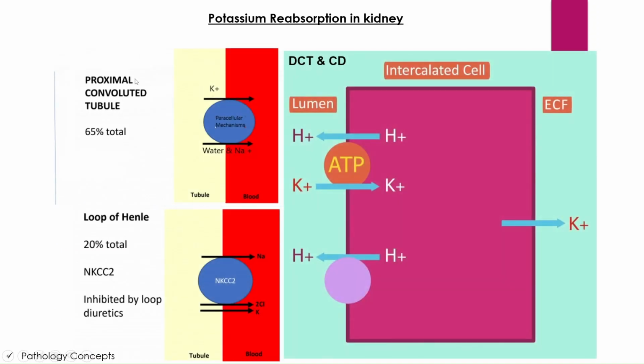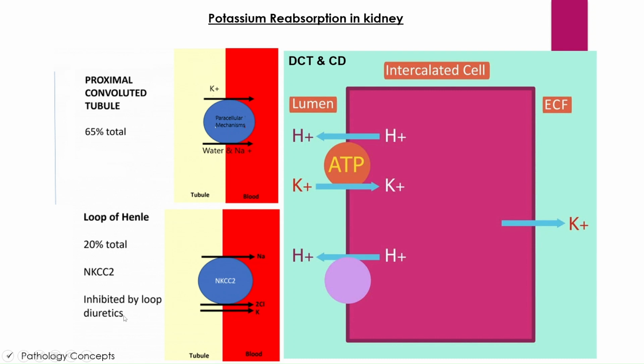In the proximal convoluted tubule, by a paracellular mechanism, 65% of the total filtered potassium is reabsorbed. In the loop of Henle, through the sodium, potassium and chloride pump, 20% of the total filtered potassium is reabsorbed.